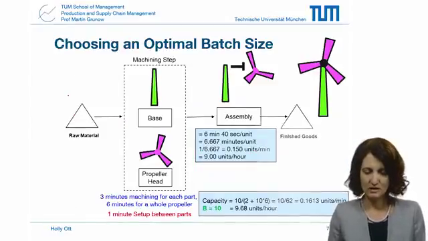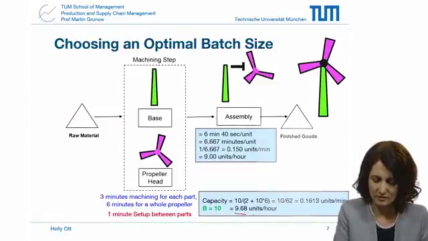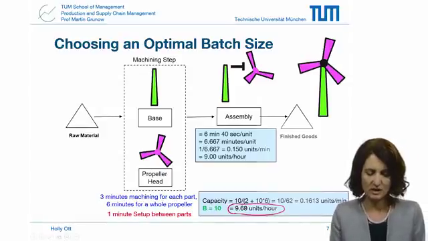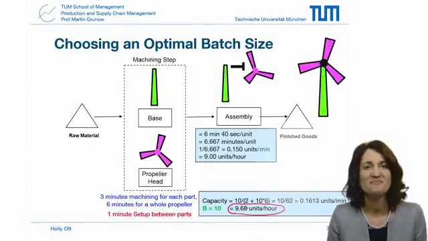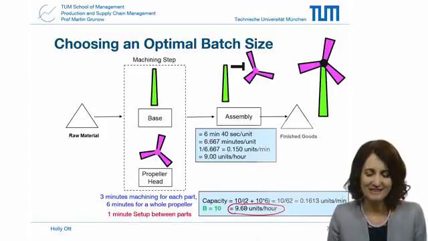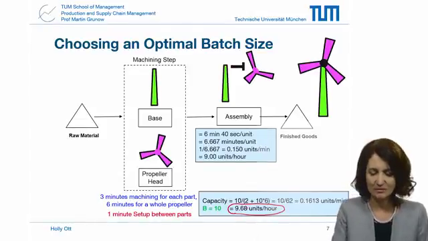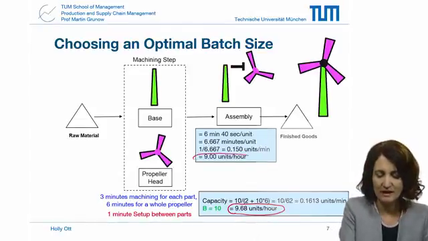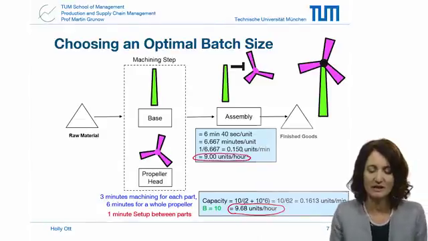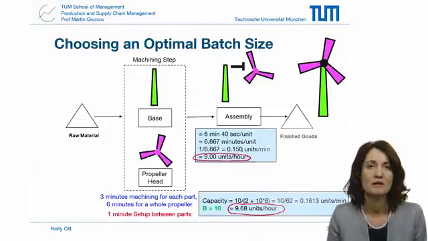Let's look at our decision here. We have 9.68 units per hour as our capacity, and everything should be fine, right? What's wrong here? The bases and the propeller heads are being produced in batches of 10, but they can only be assembled at a rate of 9 units per hour at assembly.